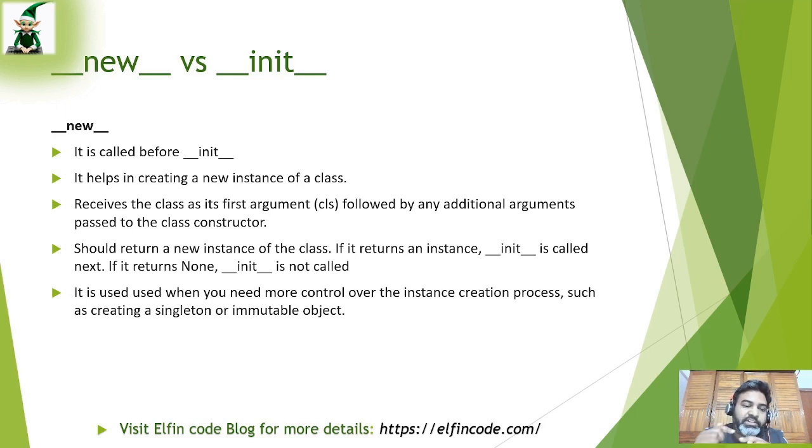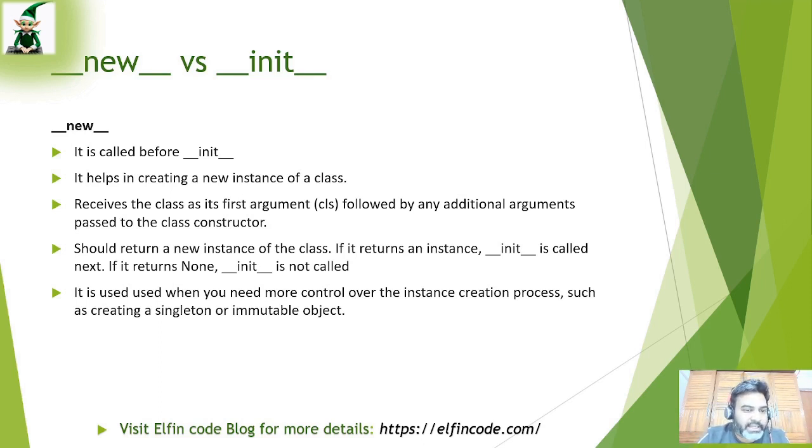The first method which it will be executing is the new method. So this is the first point: before the init method, the new method will get called. The second point is that it tries to create the instance of the class and then return that instance to the init method.